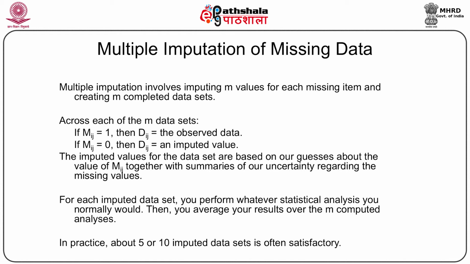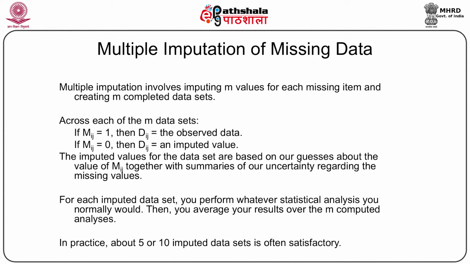The imputed values are based on our guesses about the value of M sub ij together with summaries of our uncertainty regarding the missing values.